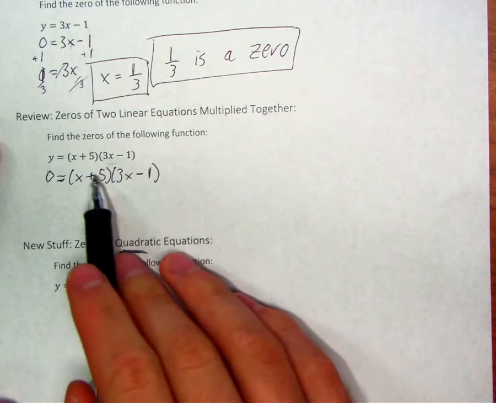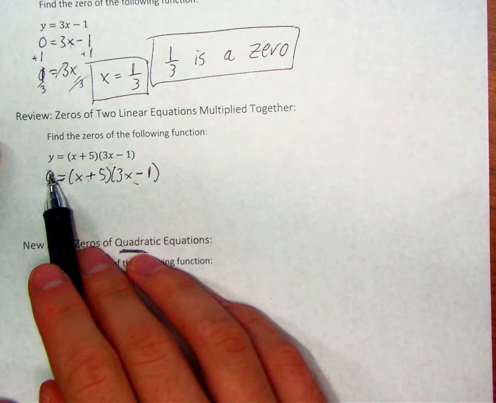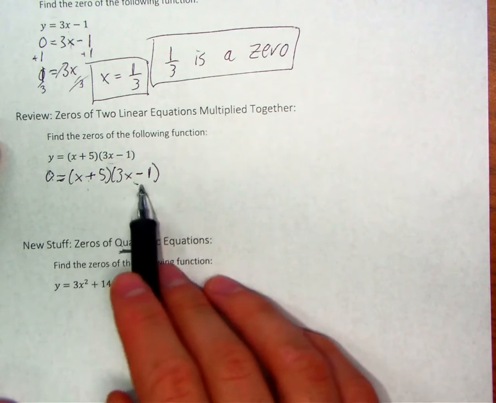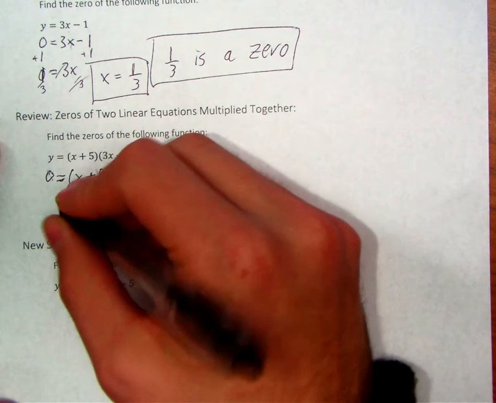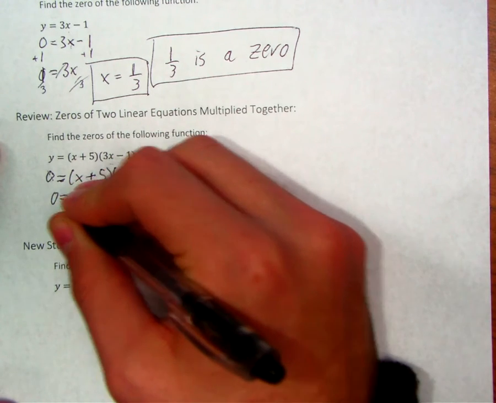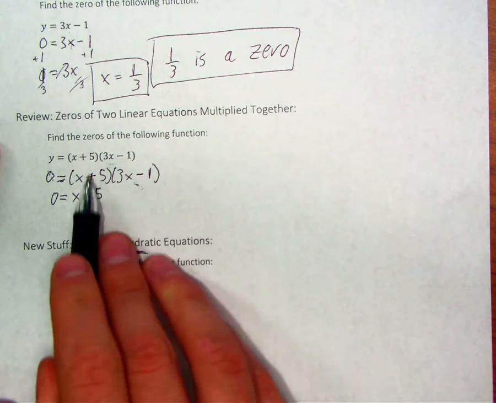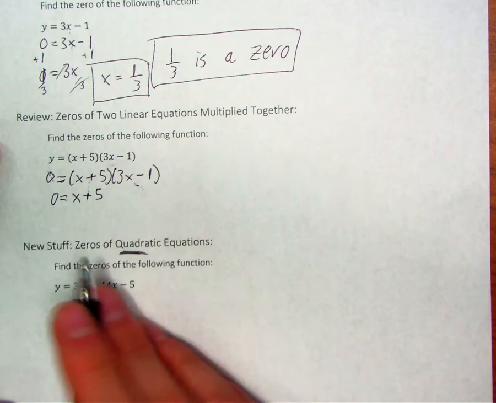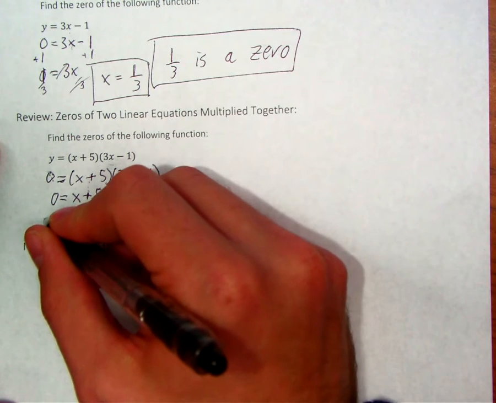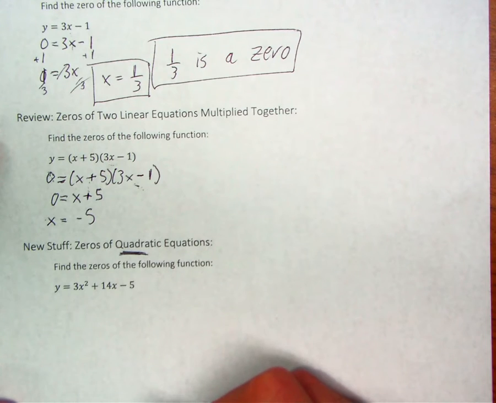And if I do that, since anything multiplied by a 0 is 0, those x values will both be zeros for the entire function. So let's see what x I can get when I make the first linear equation in the first parentheses equal to 0. Well, if I set that equal to 0 and subtract 5 on both sides, I'm going to get that x is equal to -5.